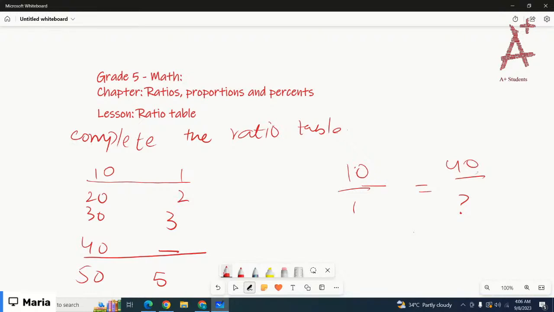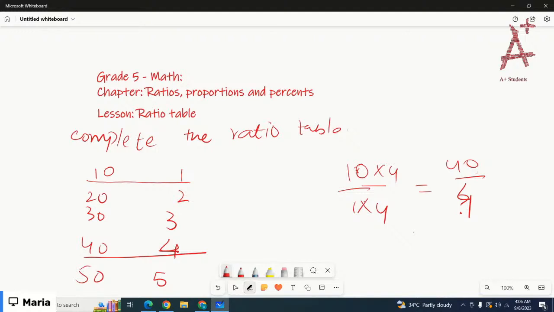Let's see what number you multiply with 10 that makes 40. 10 times what number is 40? 10 times 4 is 40. That means you have to multiply this fraction numerator and denominator as well with 4. 10 times 4 is 40, so 1 times 4 is 4. That means here the missing value is 4, right? Okay, let's just do another one.